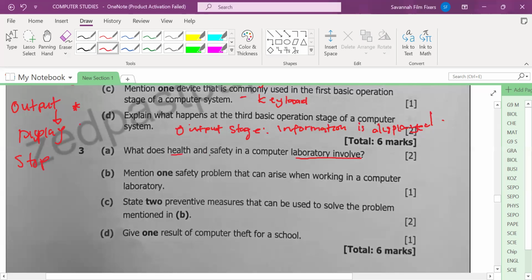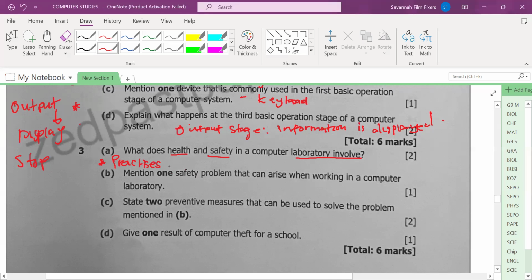These are practices. You're trying to keep the user safe, and you're also trying to keep the devices and the surroundings safe.